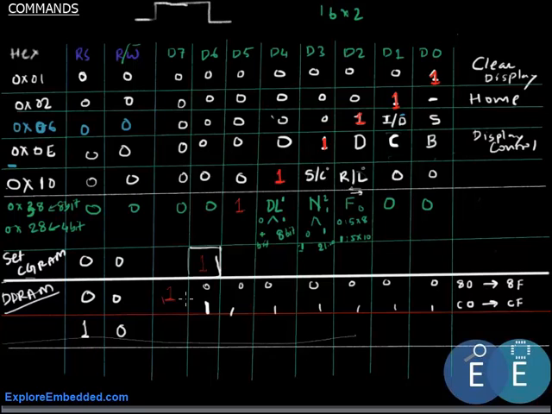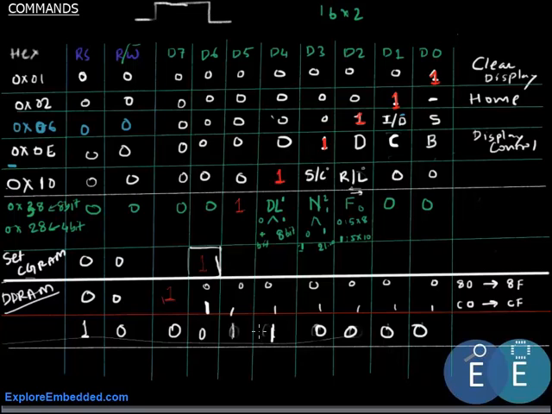Now say for instance we send the ASCII value of 0. The ASCII value for 0 would be 30, so it would be 0 0 1 1 and all zeros.